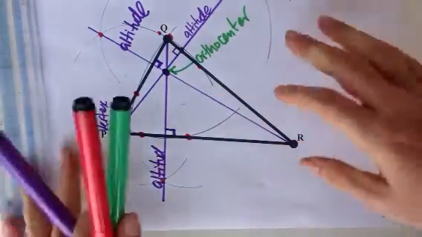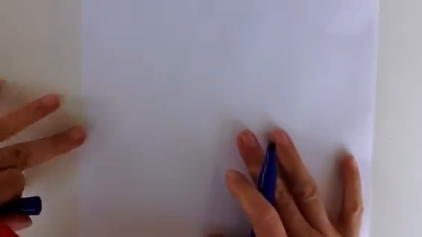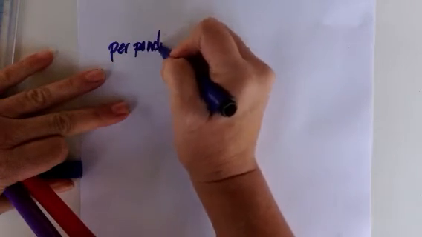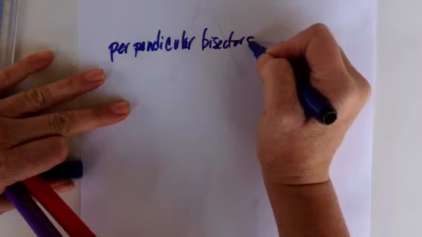So just to summarize our centers here, we have the perpendicular bisectors.